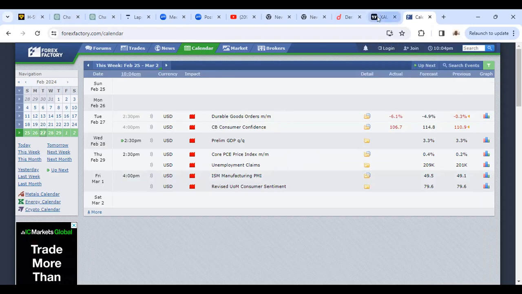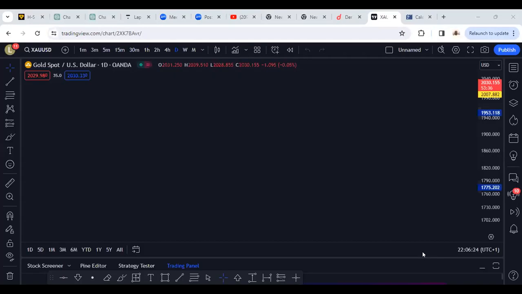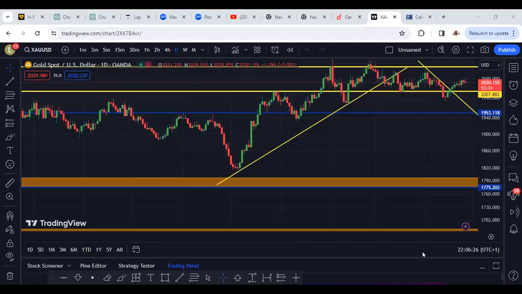Now, this is the technical aspect of it. Let's see how we are going to draw our lines. So before you place any trade, you need to draw your lines. Okay, so this is TradingView.